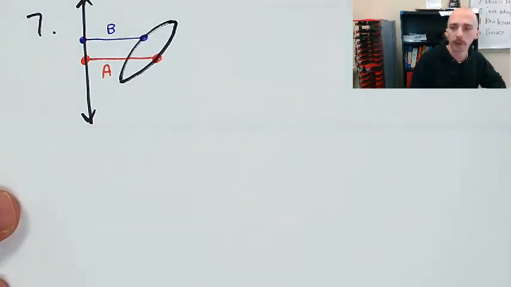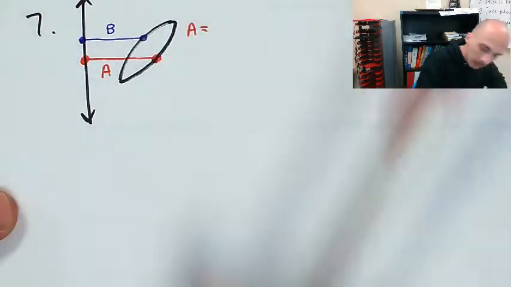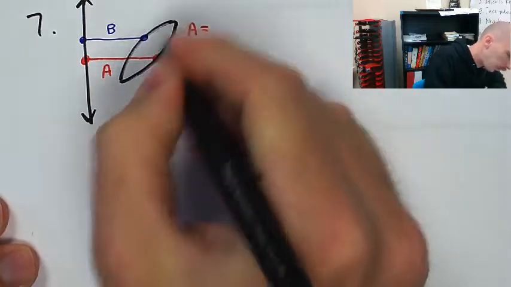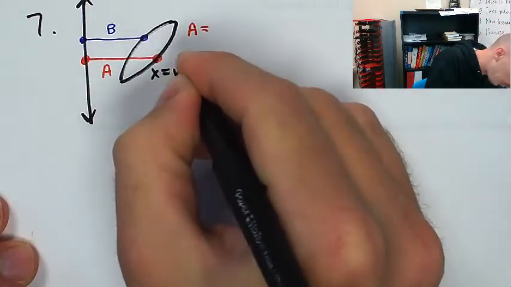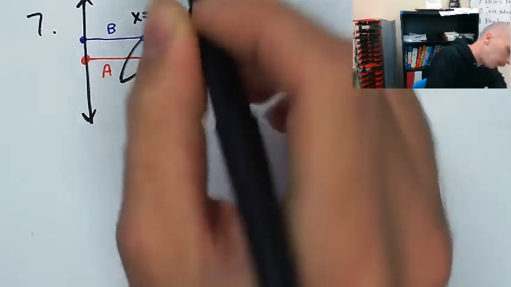Okay, then, because we're rotating around a vertical axis, I need A and B to be expressed in terms of y. We've already done this once, so this was y equals x squared, so x equals square root y. And this was y equals square root of x, so that's x equals y squared.